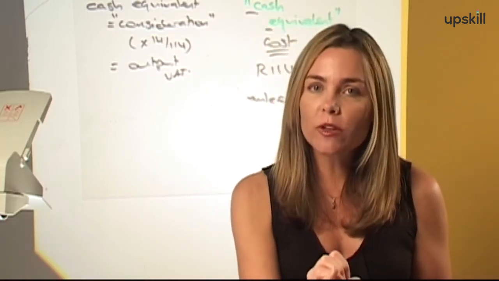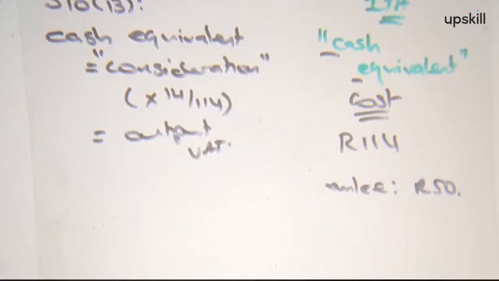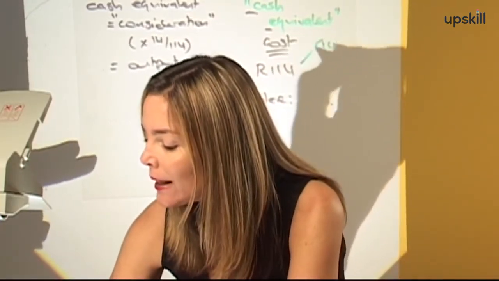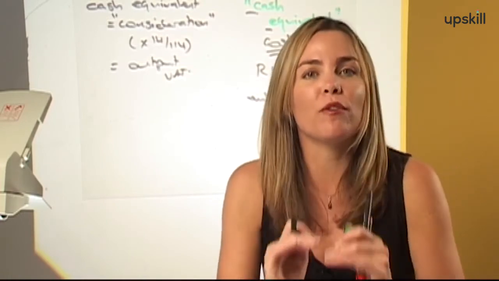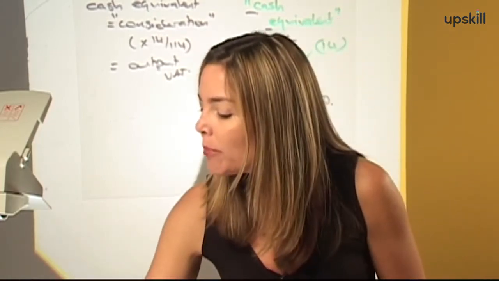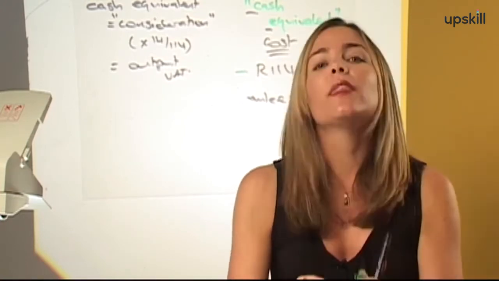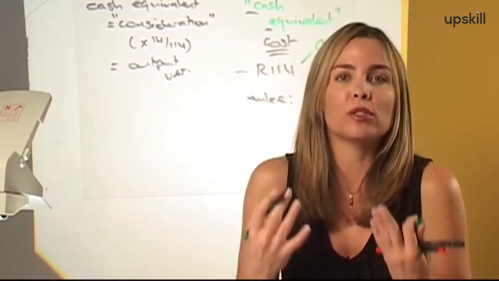The cash equivalent starts off at the cost of this computer to the employer. So if the employer is a VAT vendor and the employer is able to, the employer would have already claimed some of the cost of that computer as input VAT. So if the employer paid 114 including VAT for that computer, then 14 VAT would have been claimed by the employer as input VAT.